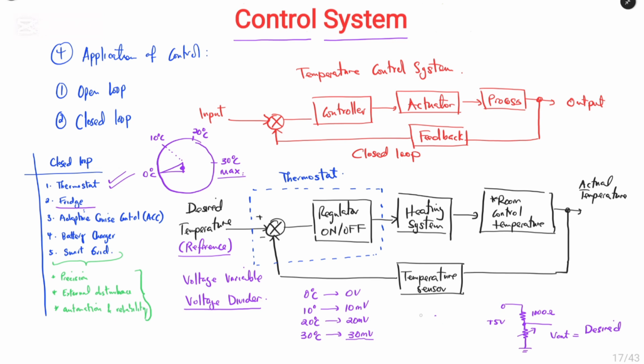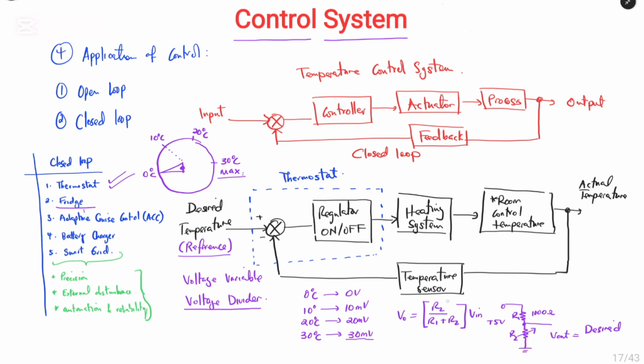Now, from the rule, we have the V out equation of the voltage divider: R2 over R1 plus R2, multiplied by the V in. So we have the parameters such as R1, and R2 is variable. We have the input voltage and we have the range of output voltage that needs to be measured.